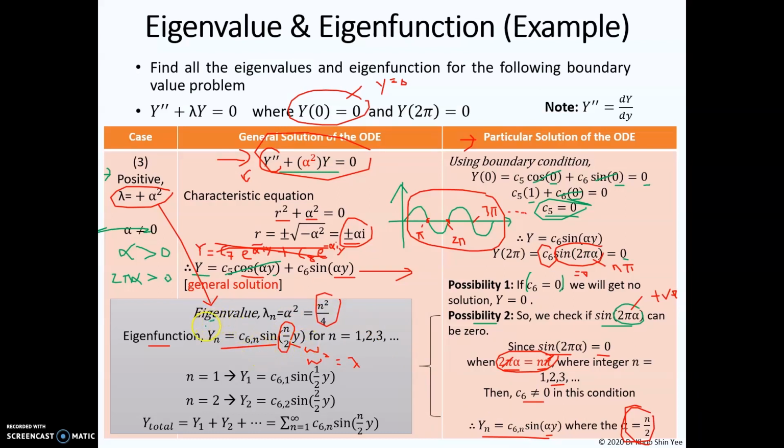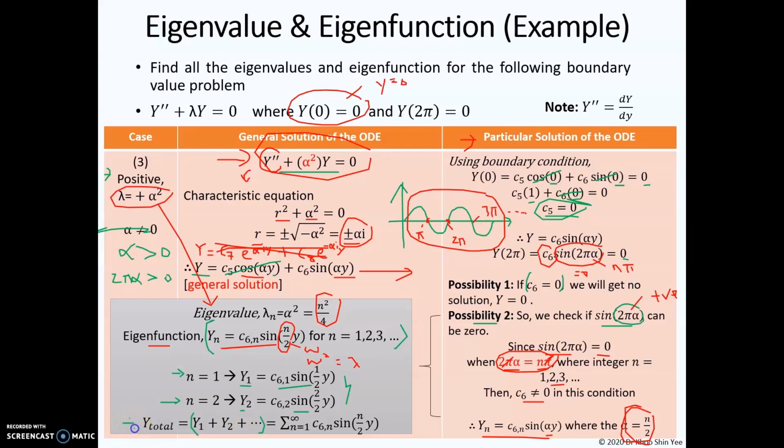In fact, you have infinite solutions for the capital Y here. First solution, you substitute n equal to 1, you obtain the first solution for the capital Y to be this, and then you substitute n equal to 2 inside, you obtain the second Y solution to be this. And you can continue up to infinity, so you can find the total solution by taking the linear superposition of all the individual solutions.